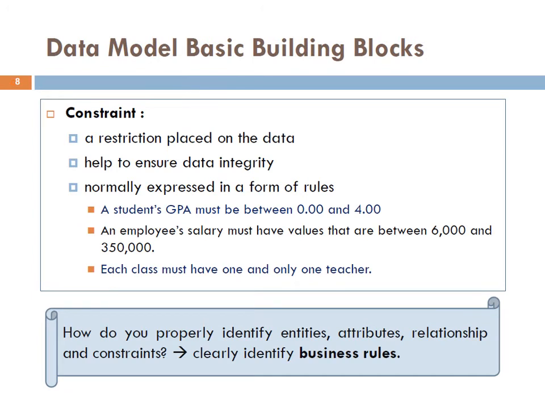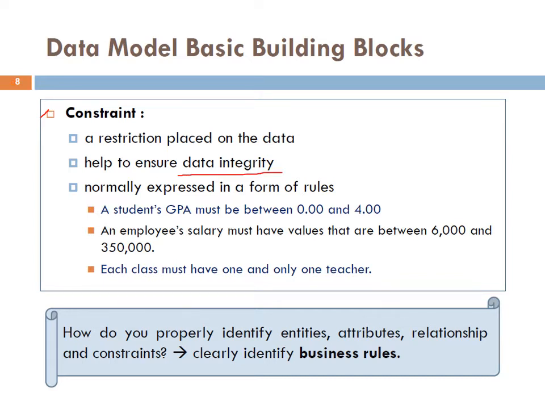Now is the fourth building block, which is constraint. A constraint is a restriction placed on the data, and it is important because it helps you to ensure data integrity. What is data integrity?